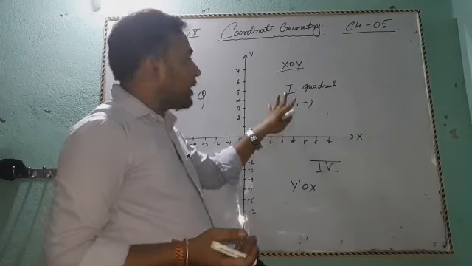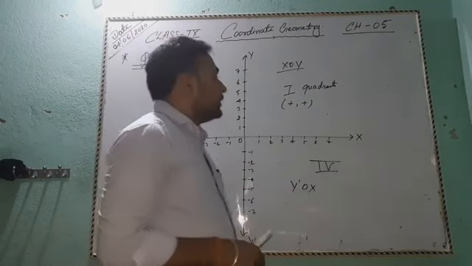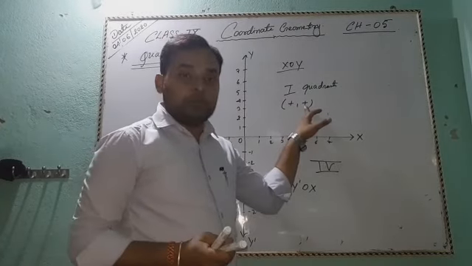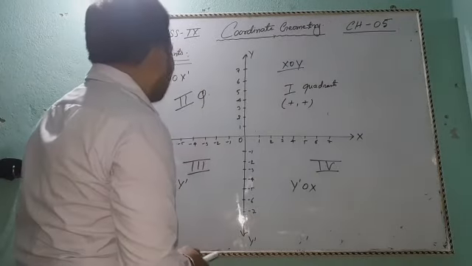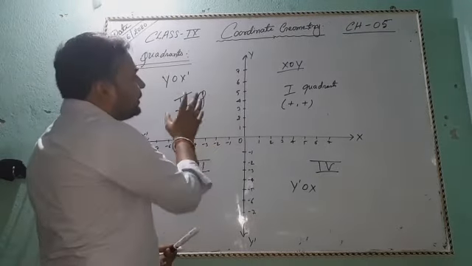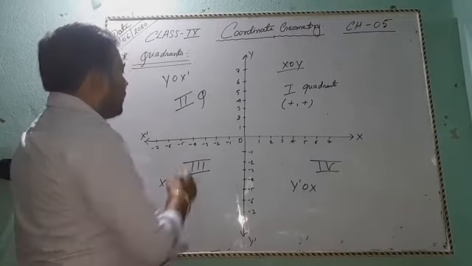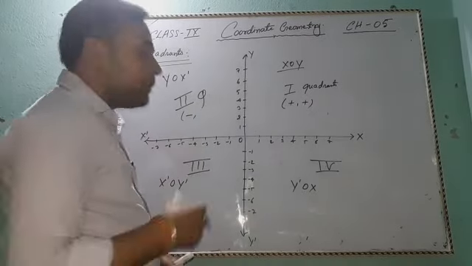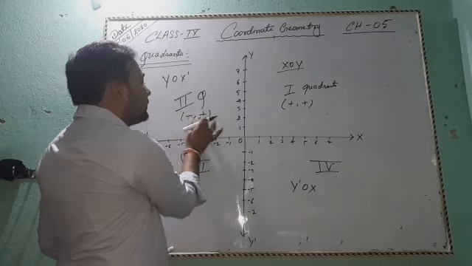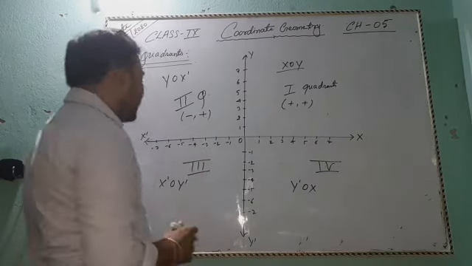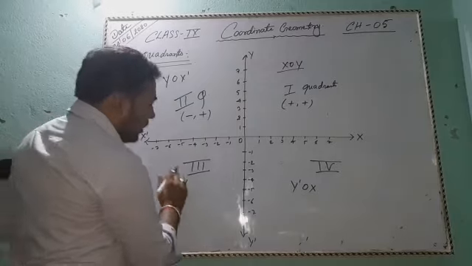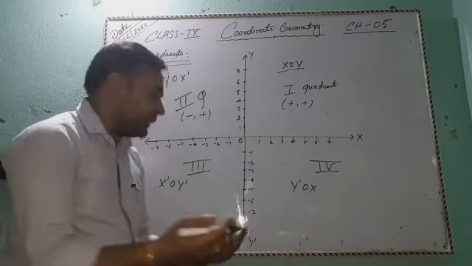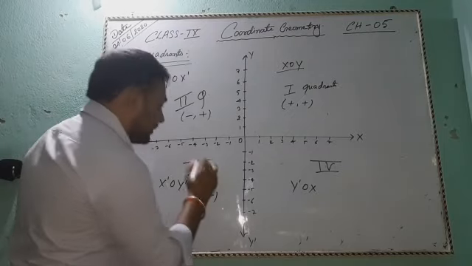In the second quadrant, the abscissa, the x coordinate, is negative and the y coordinate is positive. So, minus plus. Third quadrant: abscissa and ordinate, meaning x coordinate and y coordinate, both are negative. So, minus and minus.